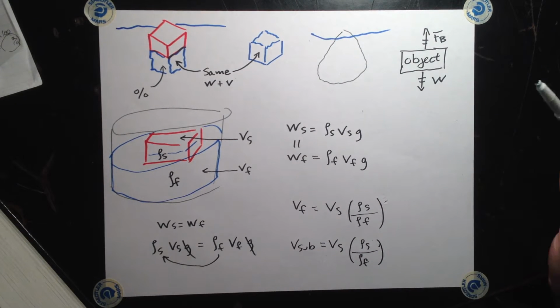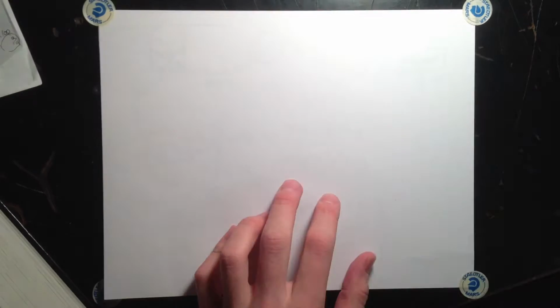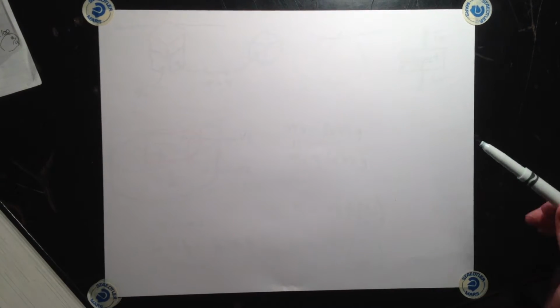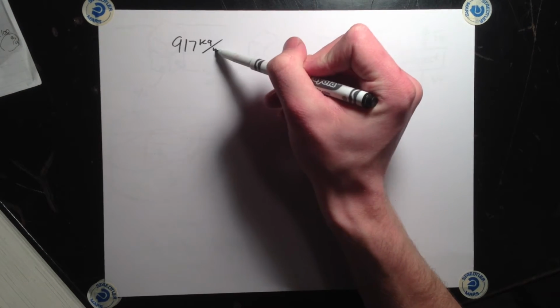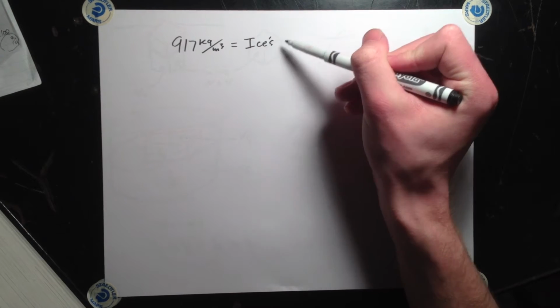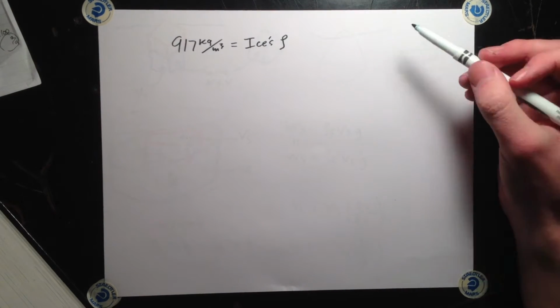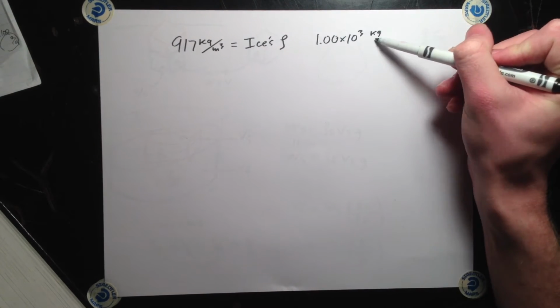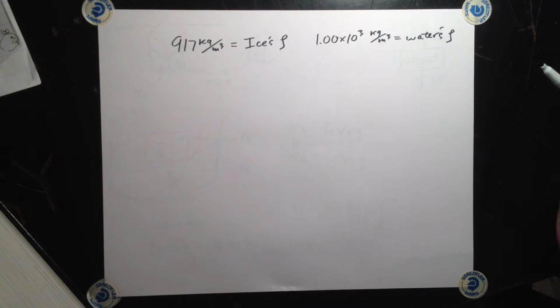We now apply this result to ice floating in water. So what percentage of a floating chunk of ice projects above the level of the water? Assume a density of 917 kilograms per meter cubed for the ice and 1,000 kilograms per meter cubed for the water. These two values are taken right from the book.